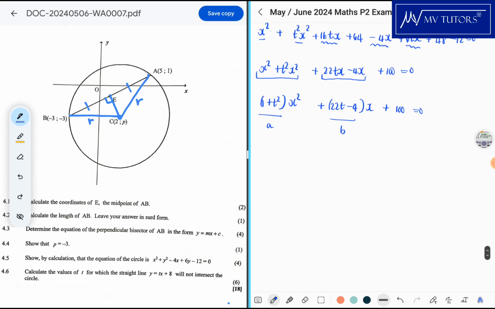Okay, so then I can use my discriminant equation. My discriminant, which is b squared minus 4ac, is equal to 0. So in the place of b, I have (22t minus 4) squared minus 4 times a, which is (1 plus t squared), times c, which is 100.